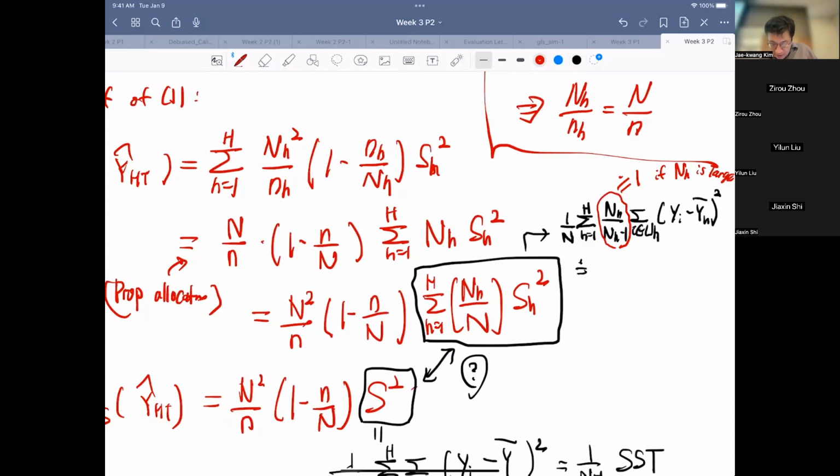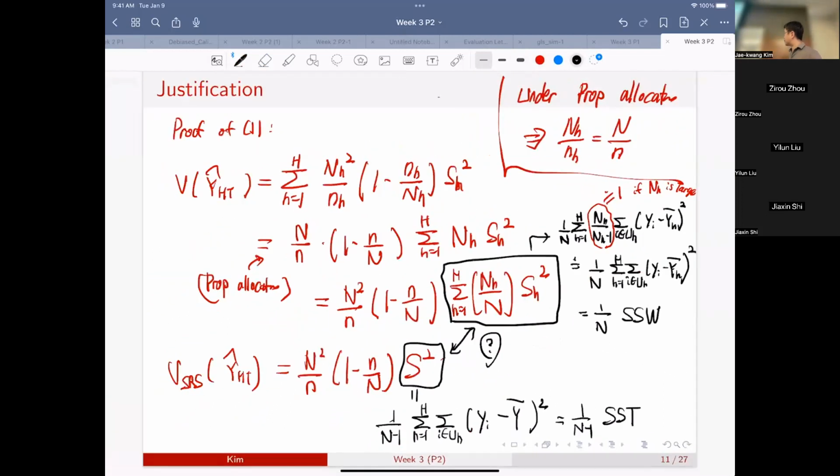Then you end up writing it as follows. So in the nature of the simple sampling, you have SST, the total sum of square component, while in the nature of the stratified sampling, you end up getting the within variability. You don't have to worry about the between.